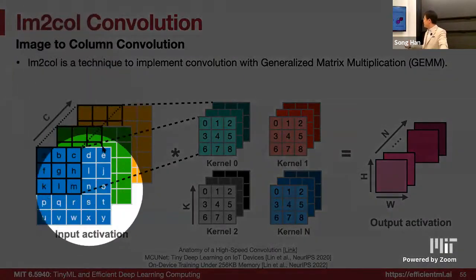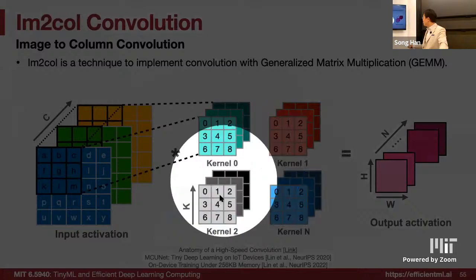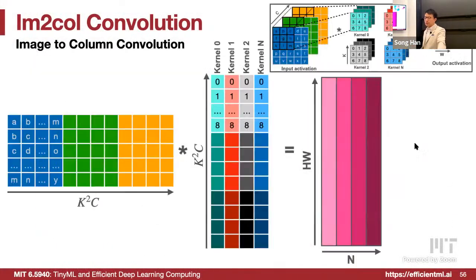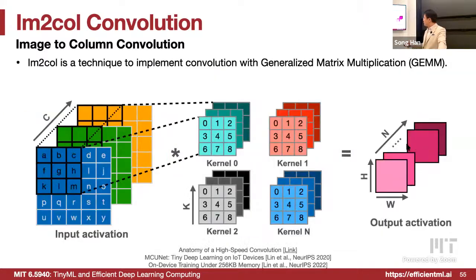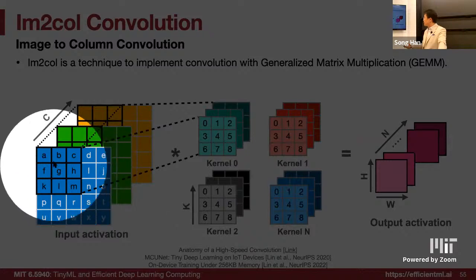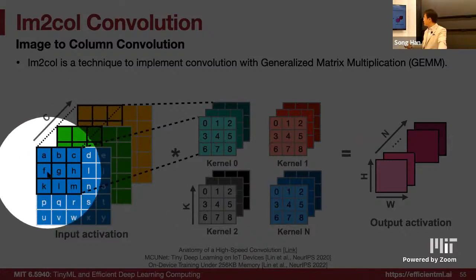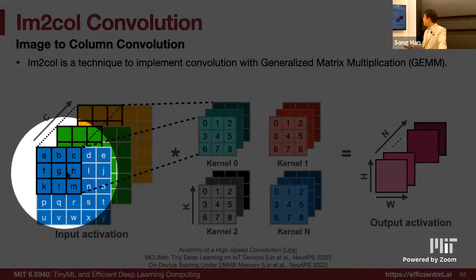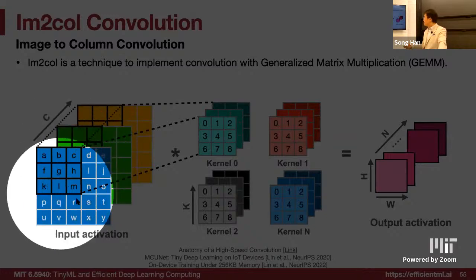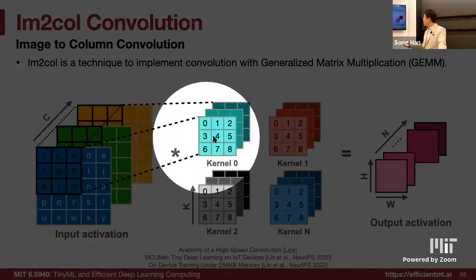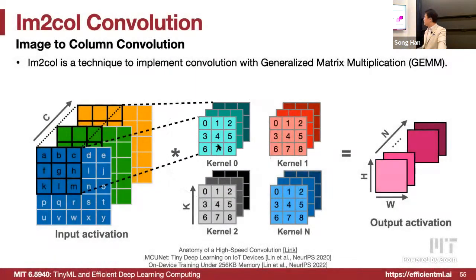So here we have the input activations, and we have 4 kernels here, and we have 4 output channels. Here we can expand the input activation from A, B, C, F, G, H, K, L, M. They all convolve with kernel 0, 1, 2, 3, 4, 5, 6, 7, 8, right?